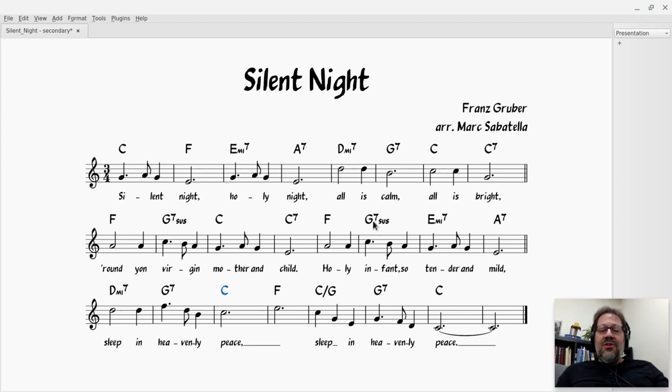So we already had G7 resolving to E minor, the 3 chord, but that 3 chord, E minor, doesn't really fit this melody here of C. A minor does. And that's the 6th chord. And actually, if you study classical theory, that's the deceptive resolution they usually teach you first, is having 5 go to 6.